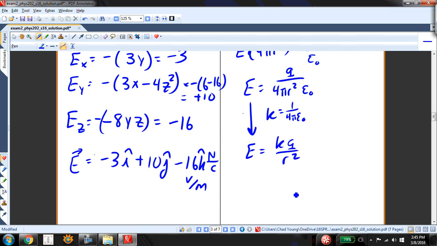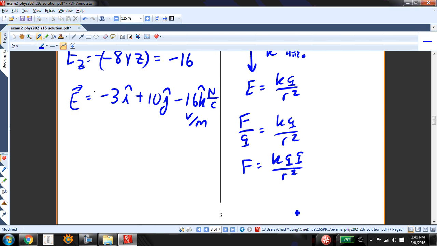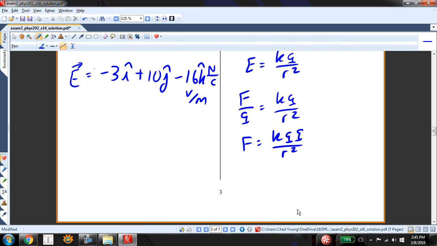And then we could further say, since E is a force per unit charge, you could further derive Coulomb's law. I didn't expect you to do this. The electric field comes from Coulomb's law, so in Gauss's law we have Coulomb's law. It's because it's a spherically symmetric force.